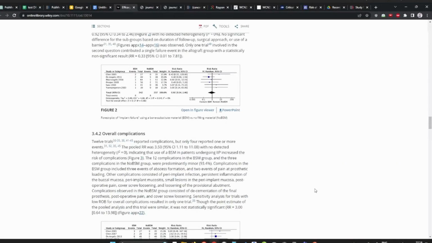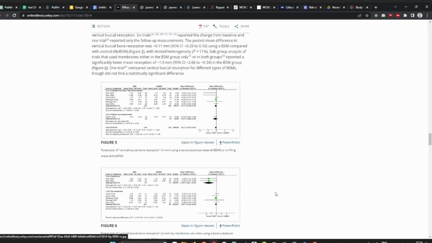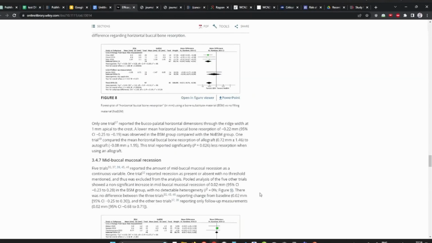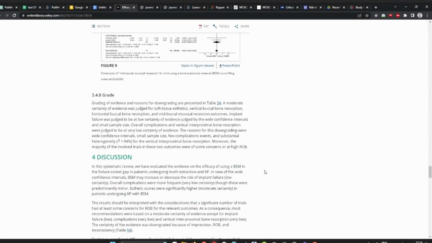What were the oral complications, or these different outcomes, like vertical bone resorption or different kinds of outcomes? You need to become an expert in this particular field to know what outcomes you are looking for. The same thing will happen here.